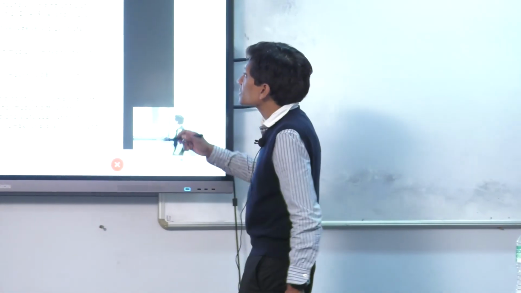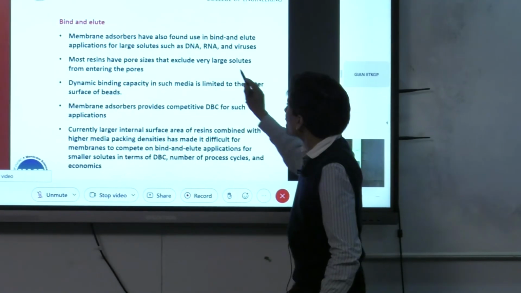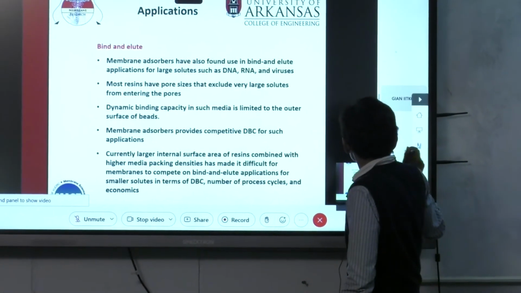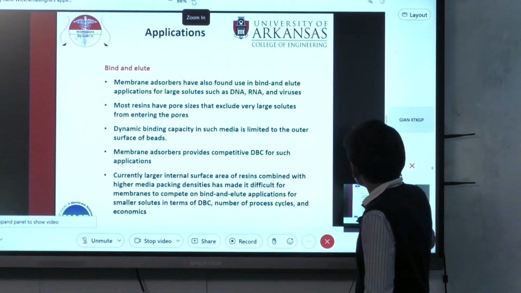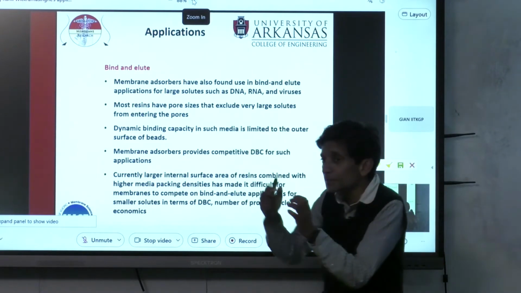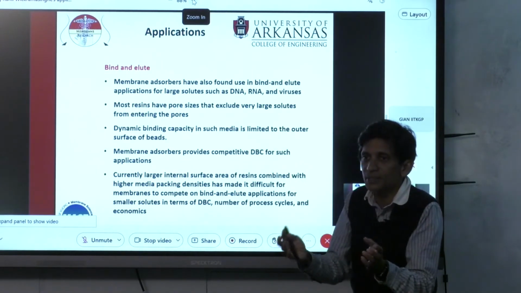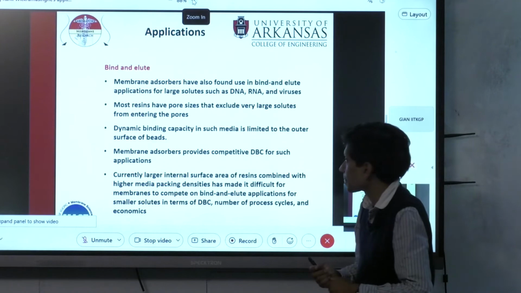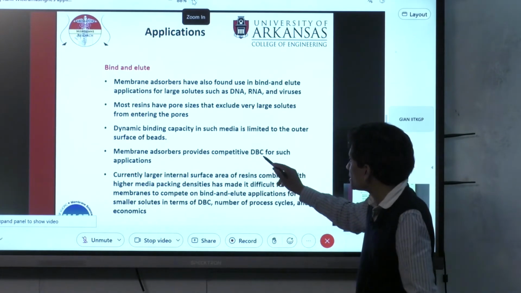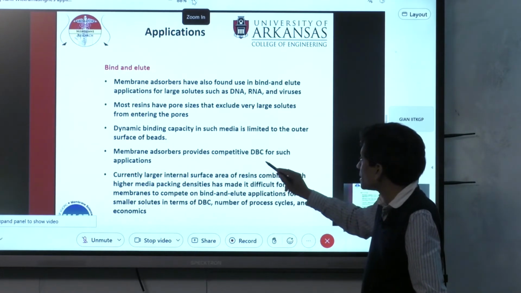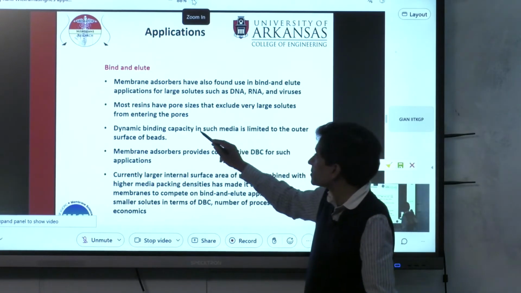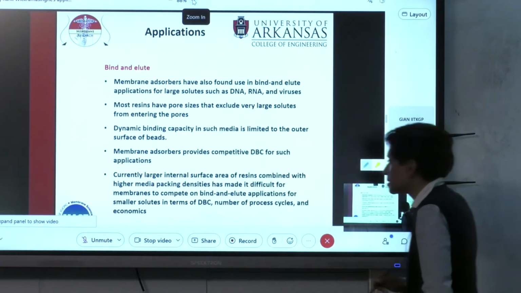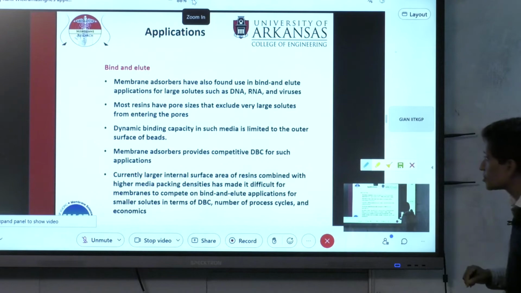Most resins have pore sizes that exclude very large solutes, and that is one of the reasons membrane chromatography is interesting, because if you're excluding the solutes from the pores, you have a very low capacity because you're binding only on the outside. Membrane adsorbers provide competitive DBCs, dynamic binding capacity, for applications with large particles and large proteins.